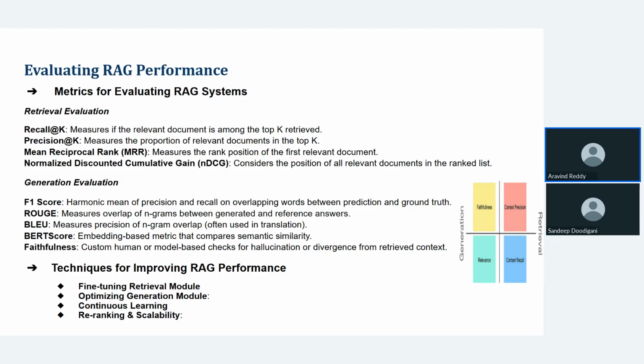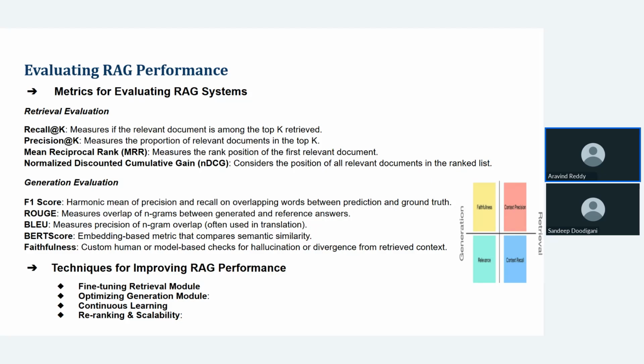So we need to check whether the information extracted from the document is right or not. To evaluate that, we have recall at k, precision, mean reciprocal rank, and normalized discounted cumulative gain. With these techniques we can get to know how the retrieval is performing.